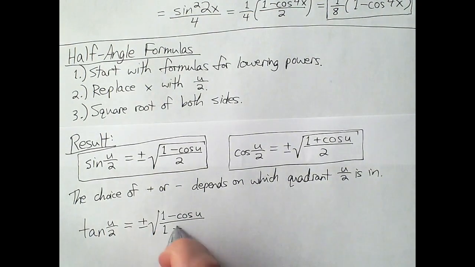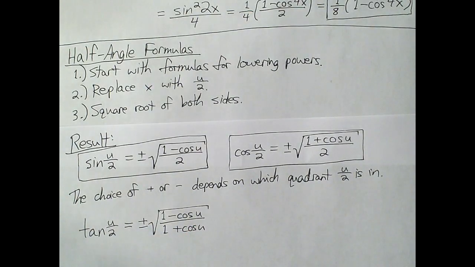If I do the three-step process, it gets me this. But you might look at this and say, well, that doesn't really look like the half-angle formula on the reference sheet. So why does this look different from the formula on the reference sheet? It's because further rearranging has been done.